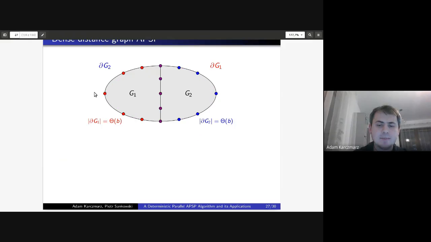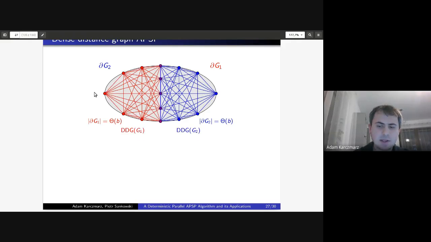But sometimes, in addition to the graph G itself, we are given its partition into G1 and G2, where the common vertices of the parts form a path like this. Suppose there are around B of those vertices on the path as well.